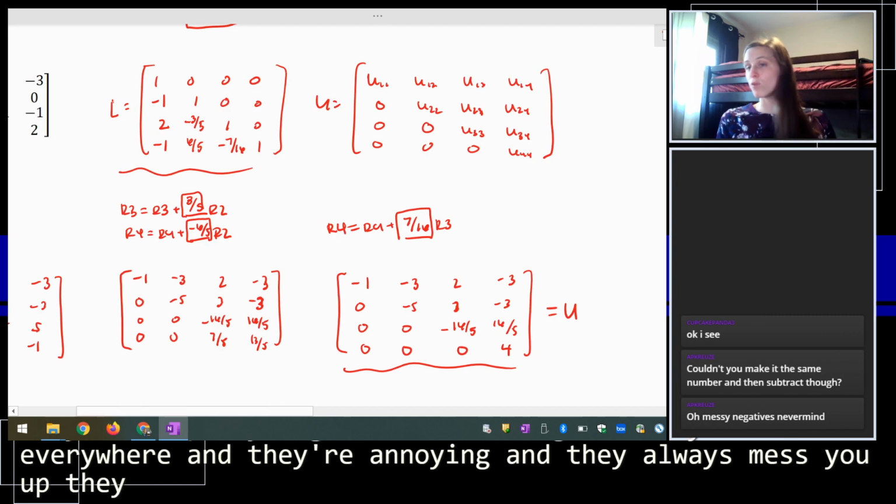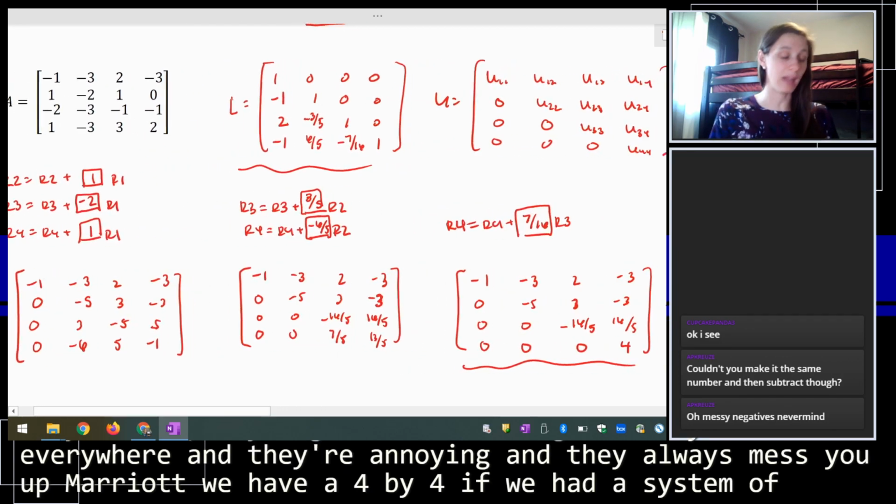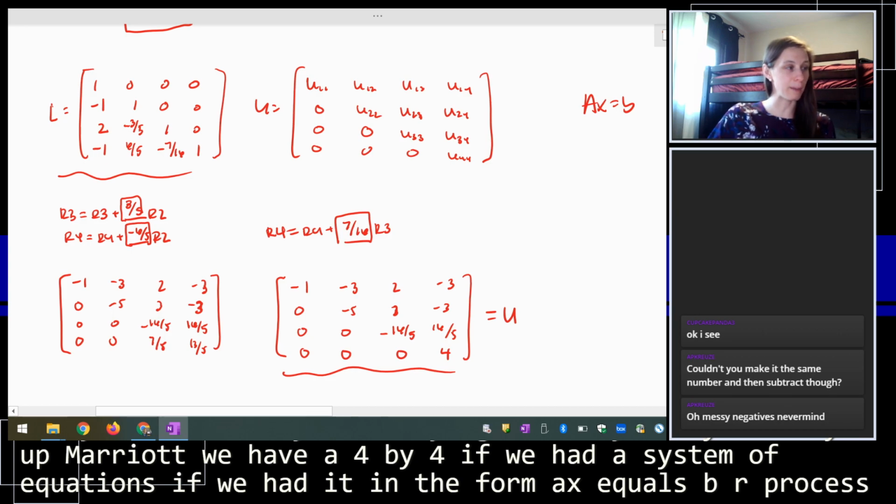Okay, there we go. We have a 4x4. If we had a system of equations in the form AX equals B, our process would still be the same.